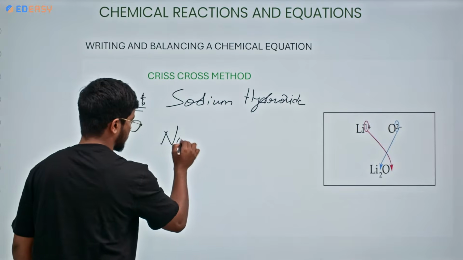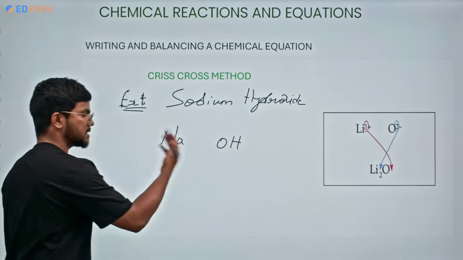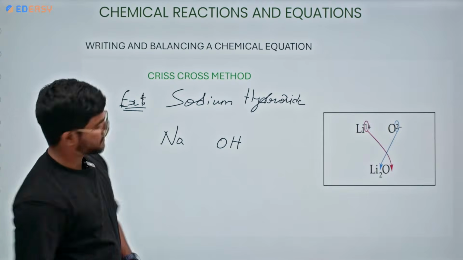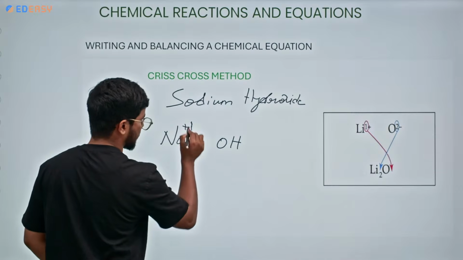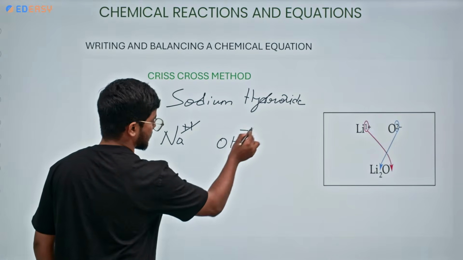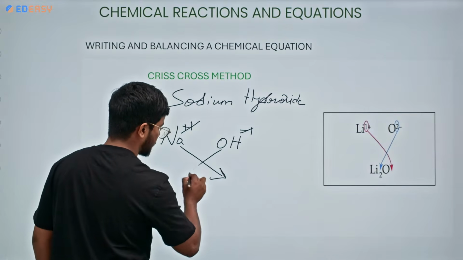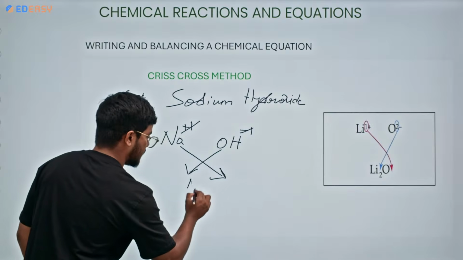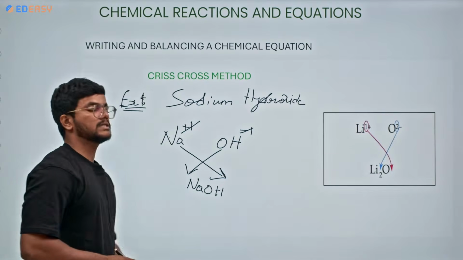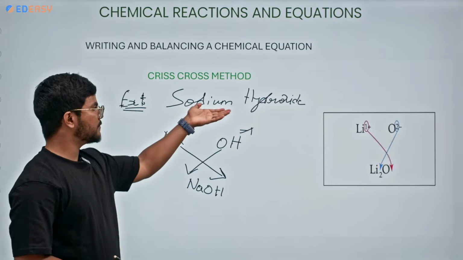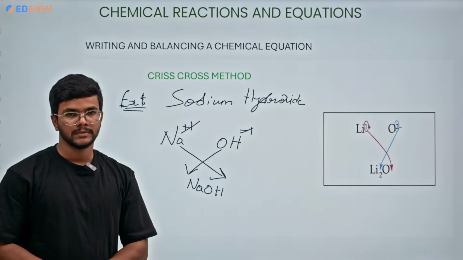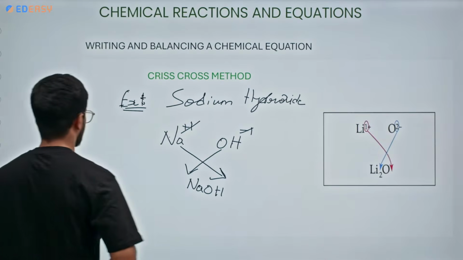We know sodium is Na, hydroxide is OH. What is the sodium charge? Let me know in the comments. Yes, plus 1. And hydroxide is minus 1. So plus 1 and minus 1 cancel each other, and when they make a bond, Na will be one time and OH will be one time: NaOH. NaOH is nothing but sodium hydroxide. So the given word form of the formula can be written as a molecular formula with the help of the crisscross method.